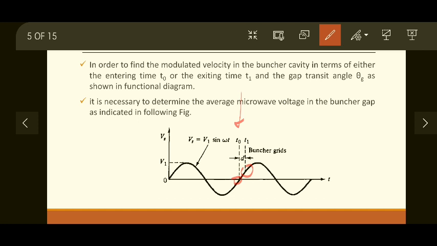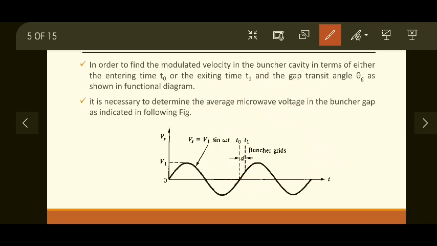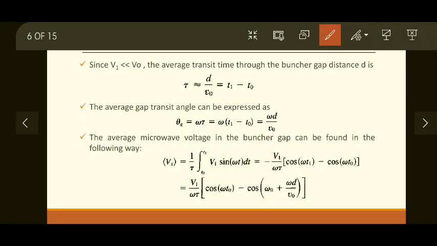As you can see, the voltage is changing at a certain rate, so it is continuously changing. So we have to calculate the average microwave voltage in this particular buncher gap. This process occurs in the buncher gap, that's why we are calculating inside t0 to t1. When we find the average microwave voltage, we will get to know that it is velocity modulated. So let's see how we are going to do this calculation.